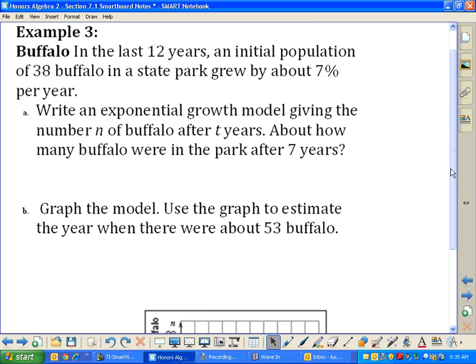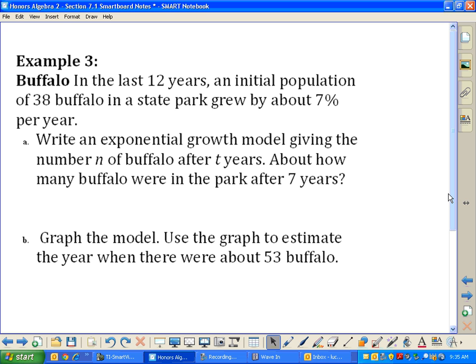So with that, our equation looks a little something like this. Remember, you folks have at the top of your example 3, y equals a times 1 plus r raised to the t power. And we're going to go ahead and write that model for this. So it's going to be y equals a. What is the initial amount of buffalo? Go ahead, Izzy. It is 38 buffalo. And then I have to do 1 plus my rate. I can explain where the 1 comes from, just not quite today.